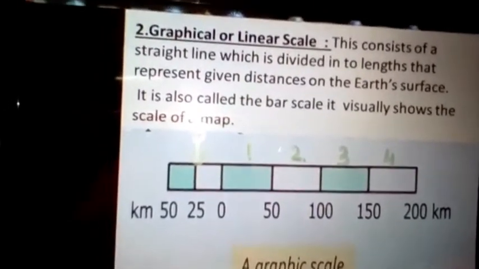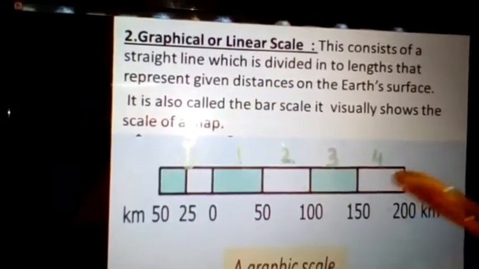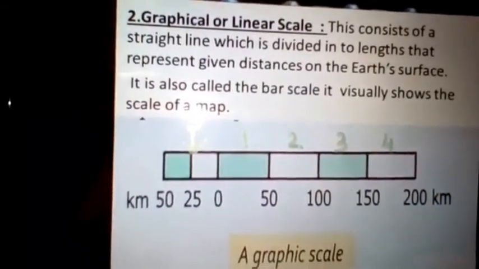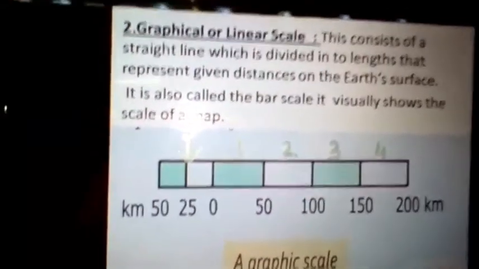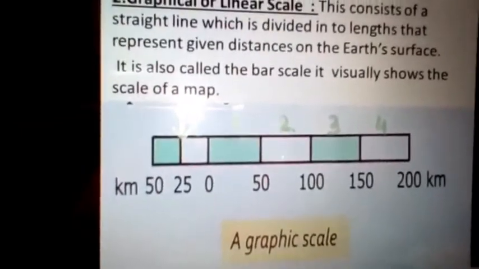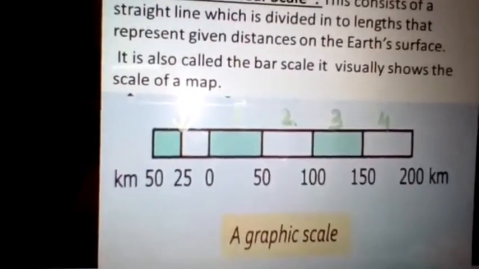It is divided into 5 equal parts. I have numbered them for you. They are 1 centimeter apart, and each of these parts represents a distance of 50 kilometers on the ground.